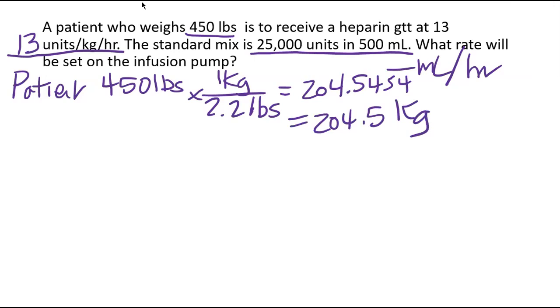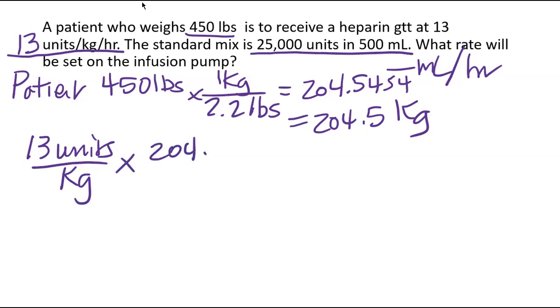And we're giving 13 units per kilogram per hour. So let's look at the rate. I'm going to say 13 units per kilogram times 204.5 kilograms, because that's how much they weigh.